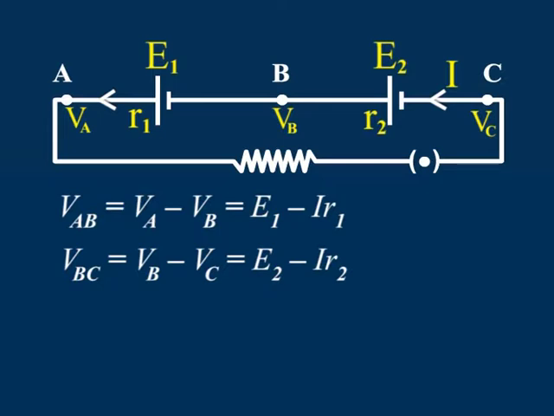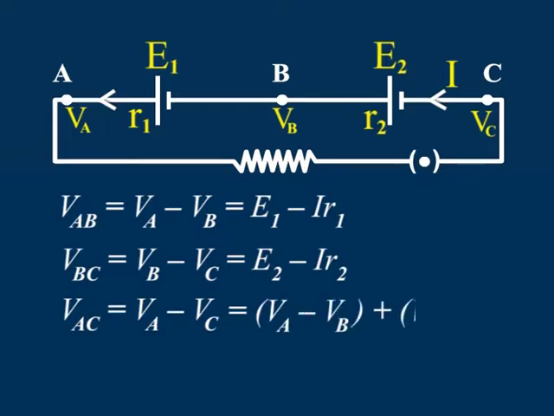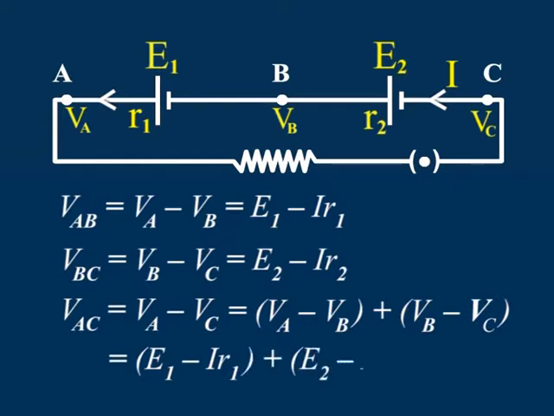Thus, potential difference between A and C of the series combination of the two cells is VAC equal to VA minus VC equal to VA minus VB plus VB minus VC, which is also equal to E1 minus IR1 plus E2 minus IR2.